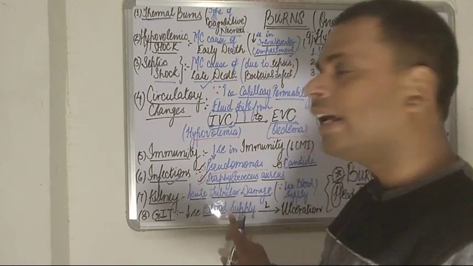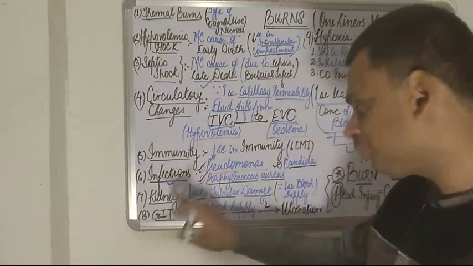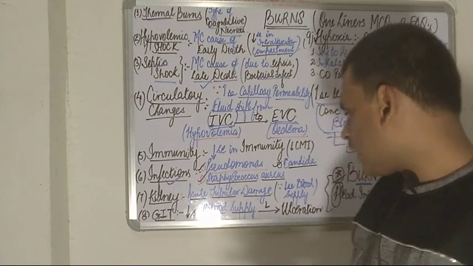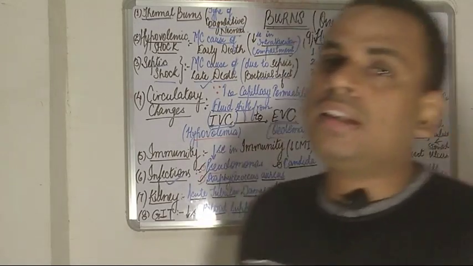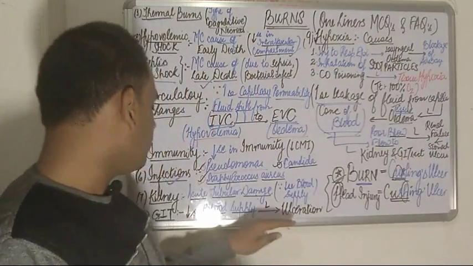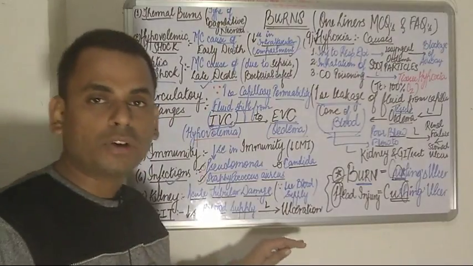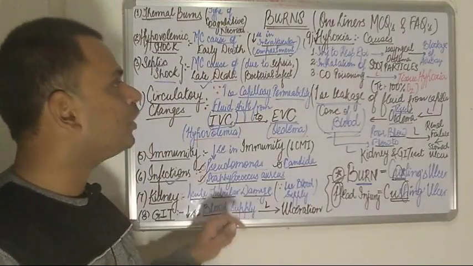So ultimately there is a decreased blood supply to the gastrointestinal tract as well, and that will ultimately lead to ulcerations. Students, this was another very important complication seen in the patients of burn.